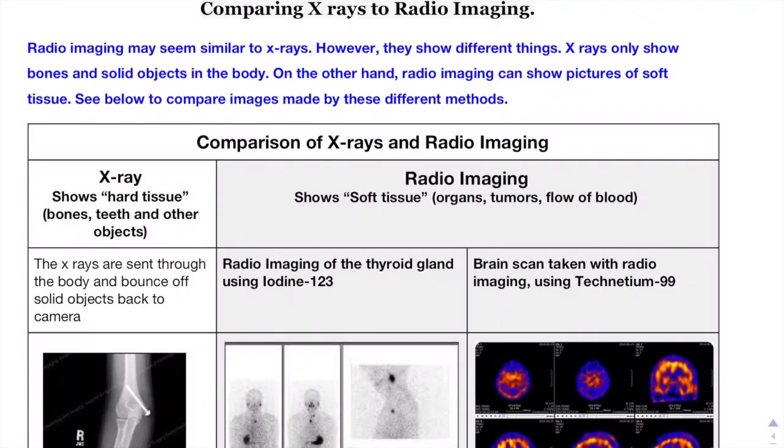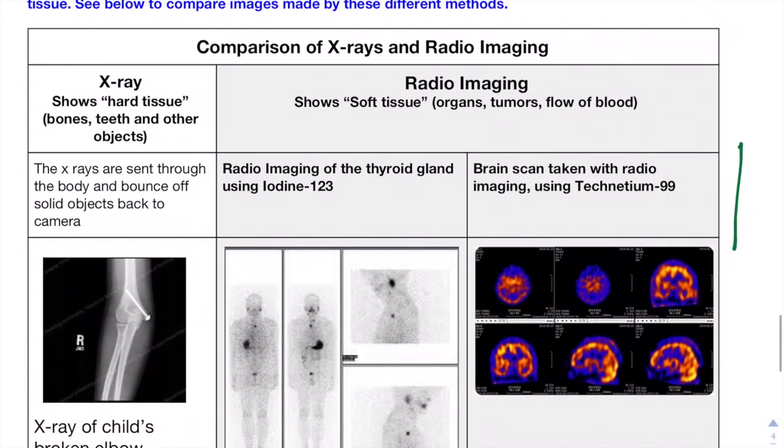Comparing X-rays to radio imaging. Radio imaging may seem similar to X-rays, however, they show different things. X-rays only show bones and solid objects in the body. On the other hand, radio imaging can show pictures of soft tissue. See below to compare images made by these different methods.